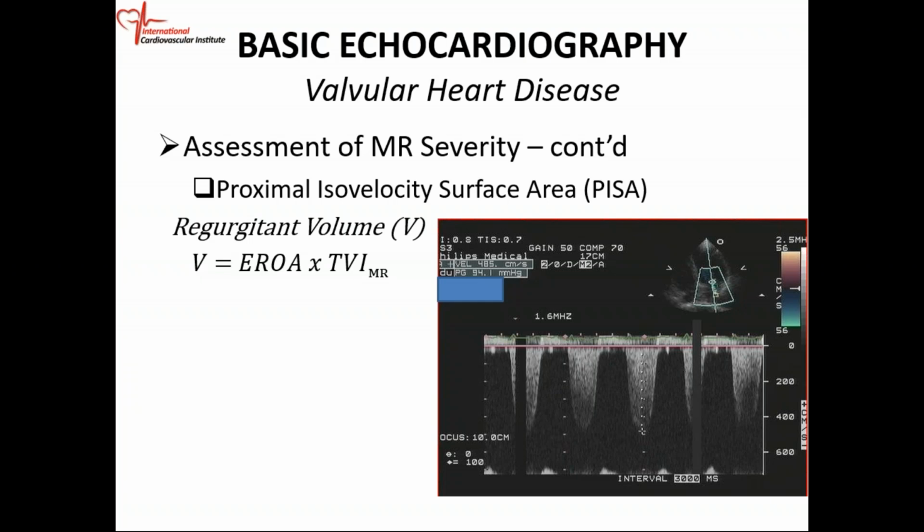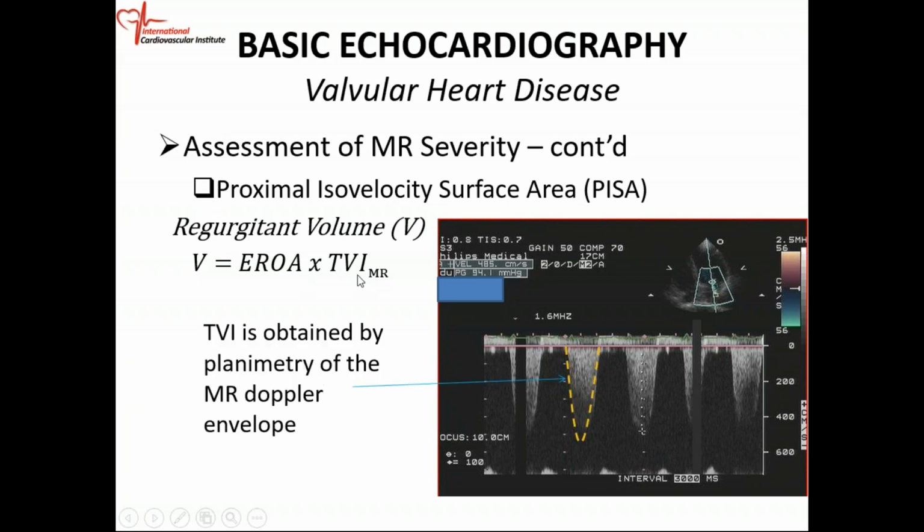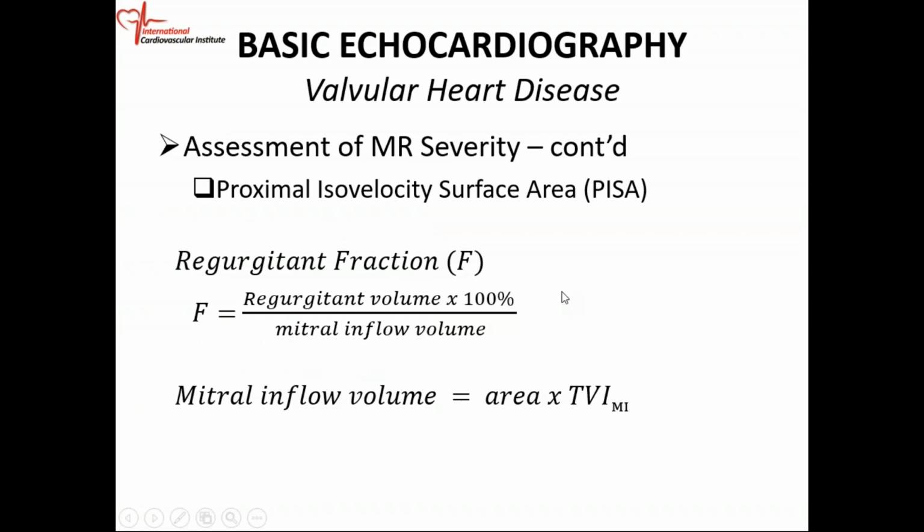So to get the regurgitant volume, it's the EROA times TVI. To get the flow, it is EROA times the velocity. So again, to get the TVI, you have to do planimetry of the Doppler envelope.